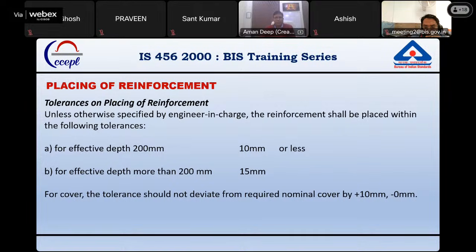If the effective depth is more than 200, the variation could be 15. However, as I have already mentioned, the cover should not deviate from the required nominal cover by more than plus 10, and on the negative side it is 0. So cover should not be compromised.